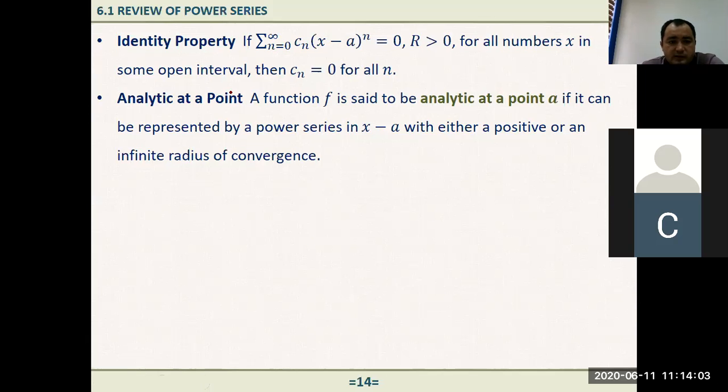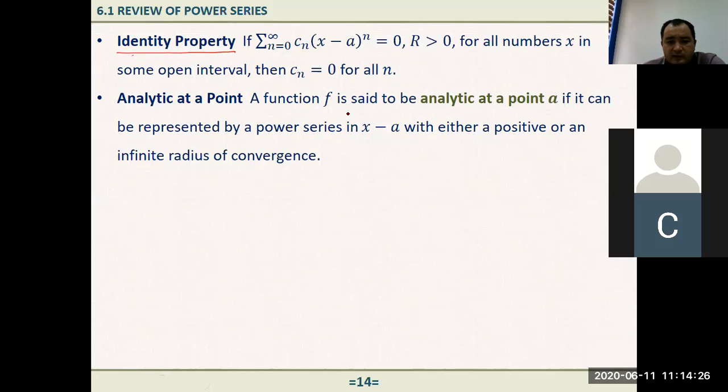Next thing is a very important thing to solve our differential equation and to identify the coefficients: the identity property. Okay, in math, you know that when we say identity, we mean a special equation, right? Because it has an equal sign. Usually all the formulas are examples of identities, right?